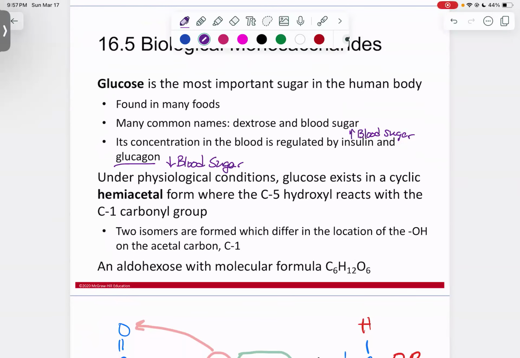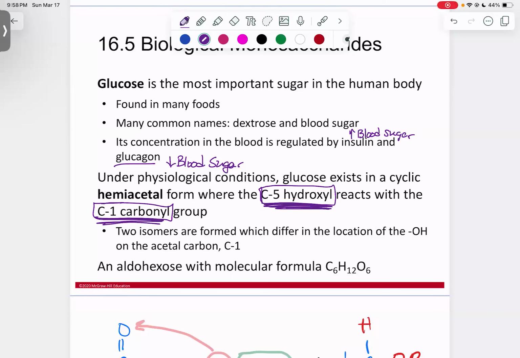So in the body, in physiological conditions, glucose is going to convert from that straight chain into a cyclic molecule. And in order for that to happen, it's going to turn into a hemiacetal. And you remember what an acetal is, and I'm going to remind you. But the hemiacetal is going to form where your C5 hydroxyl, this is really important, your C5 hydroxyl reacts with the C1 carbonyl group.